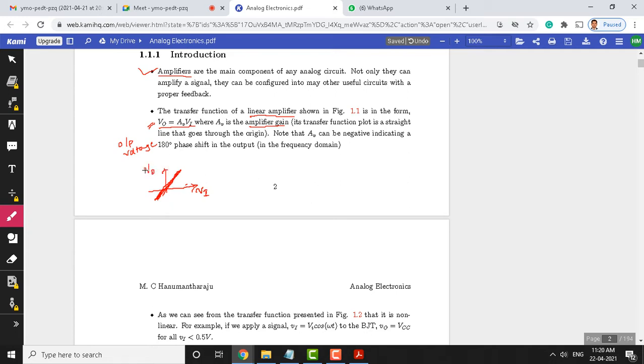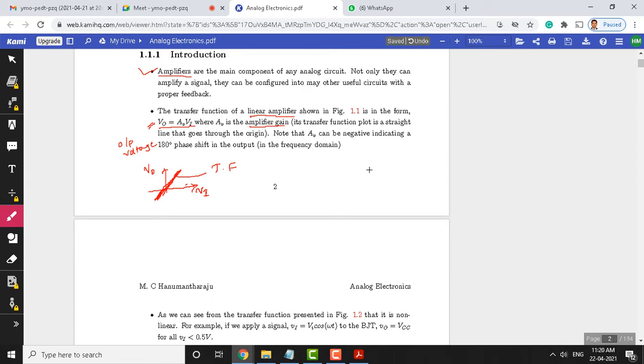The curve between V naught and Vi is going to be linear. Any amplifier that exhibits this kind of transfer function is called a linear amplifier.